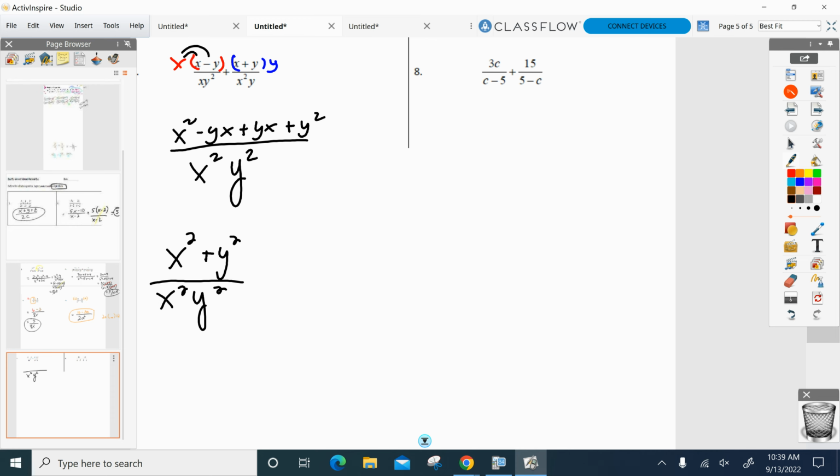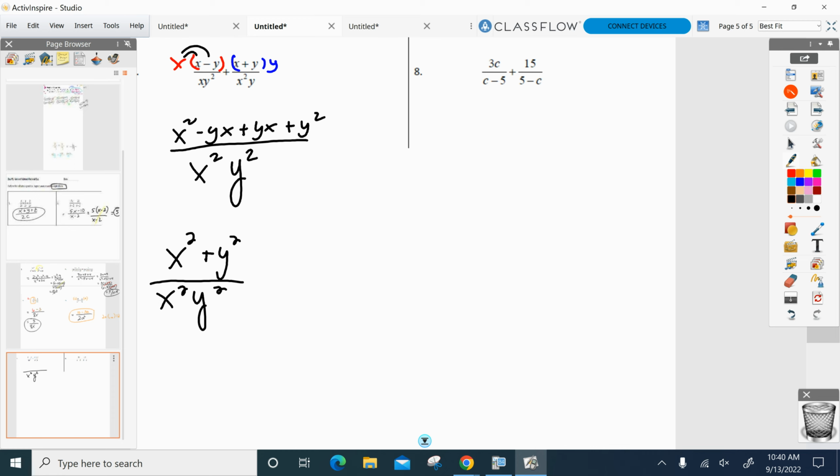Cross out. What would you like to cross out? X squared and the other x squared. What symbol have you got up there, Clayton? Addition, right? You don't touch it then. You don't touch it if it's addition or subtraction.